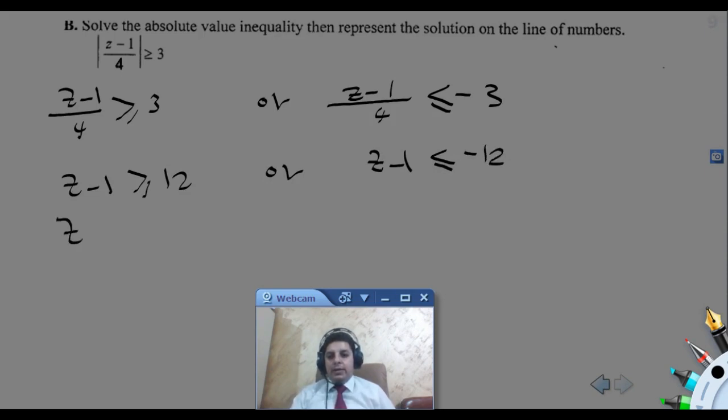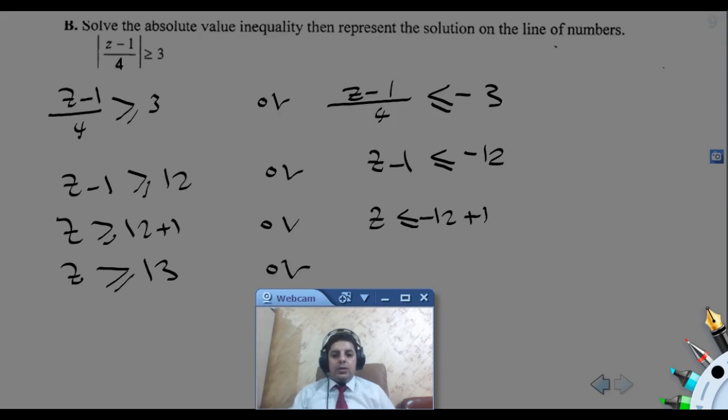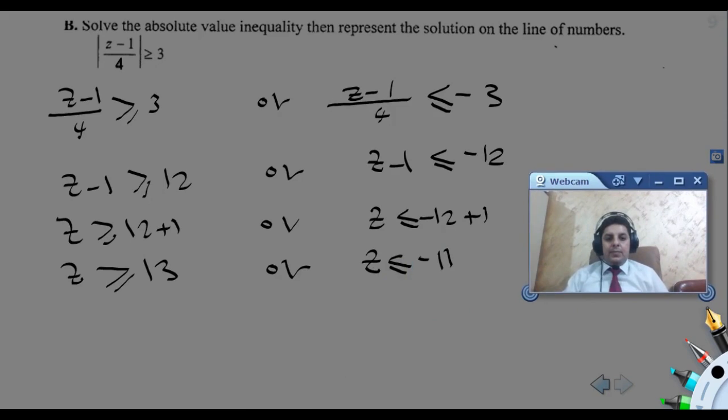Then z is greater than or equal to 12 plus 1 by using additive inverse, or z is less than or equal to negative 12 plus 1, also by using additive inverse. Then z is greater than or equal to 13, or z is less than or equal to negative 12 plus 1, negative 11.